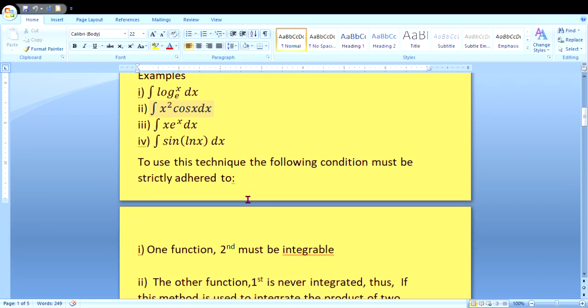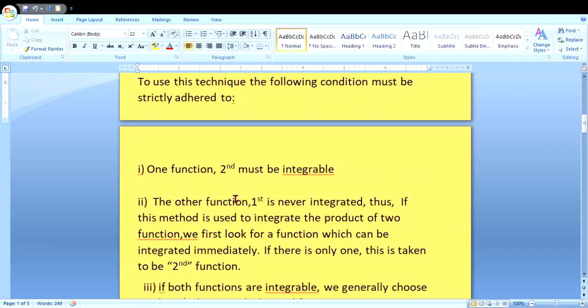Now to use this technique, the following conditions must be strictly adhered to. One of the conditions is that one function, which is the second function, must be integrable.